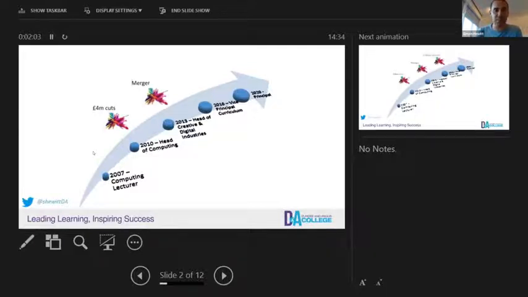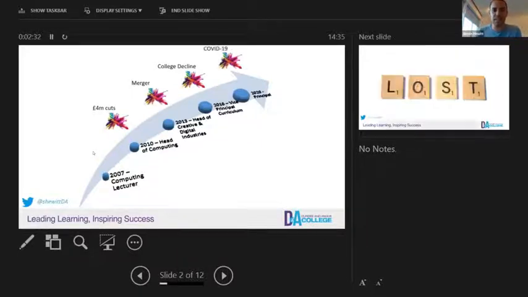In 2013, both Dundee College and Angus College merged in the infamous mergers that were happening right across Scotland. Then when I became vice principal, the college had seen a 3-year decline. So all of our major performance indicators, our results, our student recruitment, our attendance, basically every single metric that you could imagine was in decline.